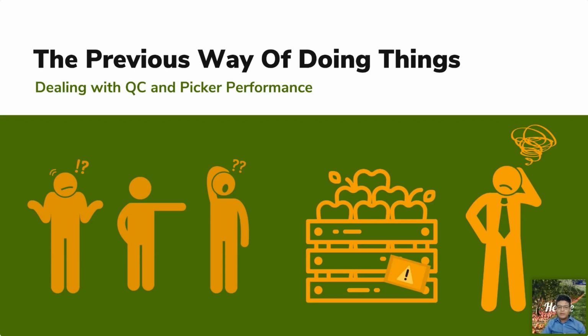Moving at the speed it does, having the time to sit there and write it down wasn't really logical, or at the end of the day, they couldn't make decisions based on that. The other way was a spreadsheet, an Excel out in the field, which if you're not Excel savvy could be difficult, or training a manager how to do that also proved to be difficult. None of the ways that they explained that they were doing it related to an effective and useful tool for them out in the field. So a lot of things went uncovered, whether that was picker damage, cosmetic, or tracking picker performance. No real easy way to see that.